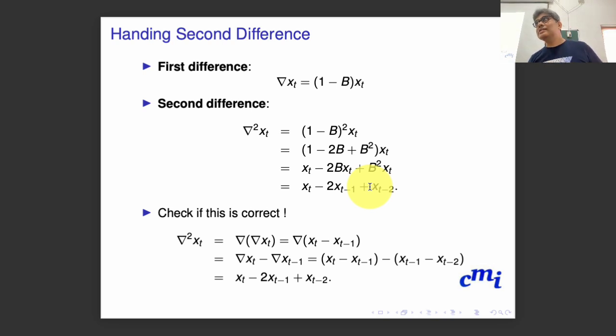So this gives you lots of permutation combinations, and it will help you explore a lot of different models without much difficulty. That is one of the advantages of these operators, the backshift operator and the difference operator.